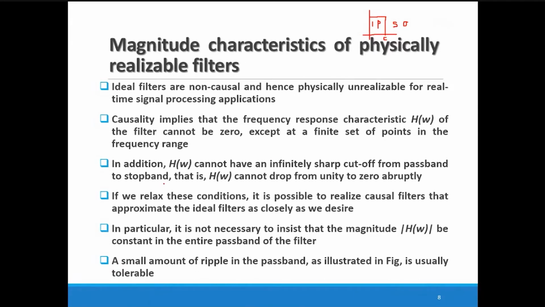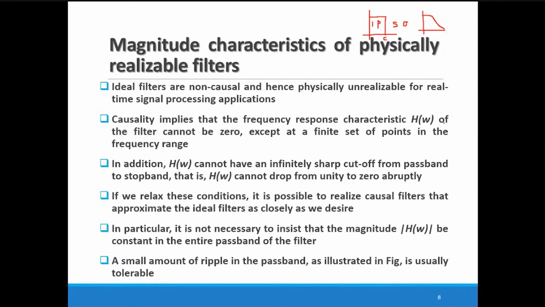But here it cannot have an infinitely sharp cutoff; that is, H(omega) cannot drop from unity to 0 abruptly. Instead of this abrupt transition, we go for a transition from passband to stopband in a practical way, reducing slowly, going from 1 to 0 gradually instead of abruptly.